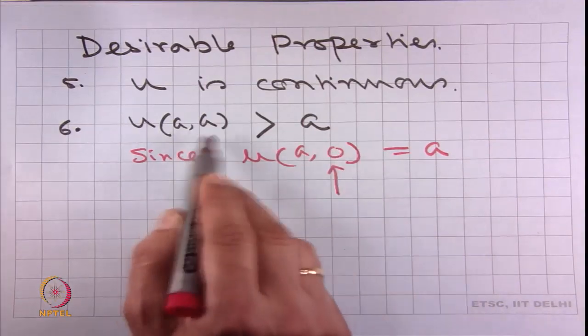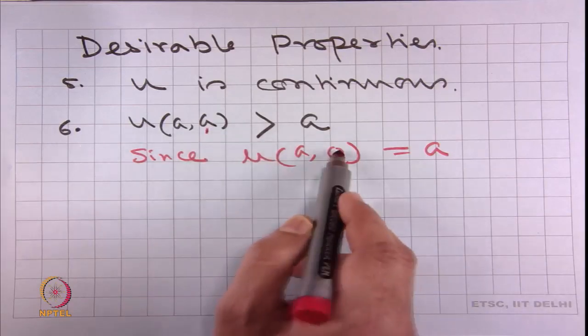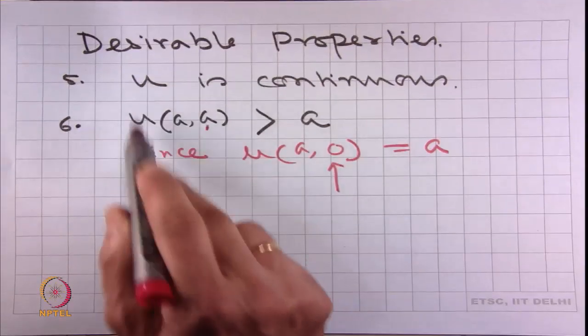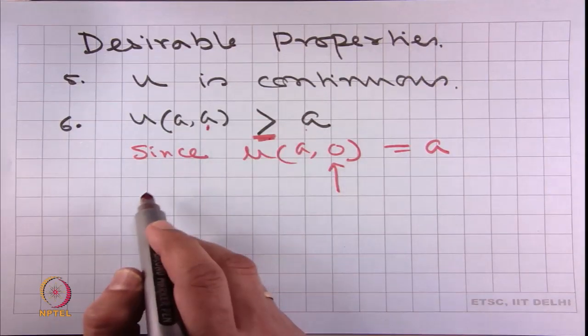Therefore, since here we are looking at the second membership value as A instead of 0, it is expected that the membership to the union will be greater than A.